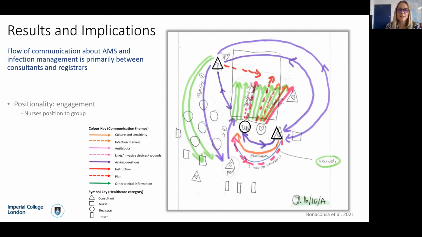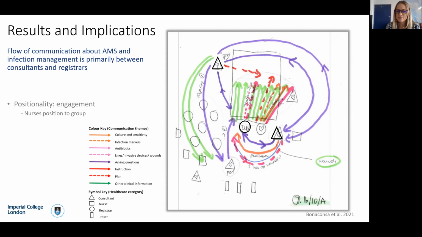So just to speak to the results and implications, here we have an example of ward-round interaction once again. This is a visual map of communication around a patient in ICU.